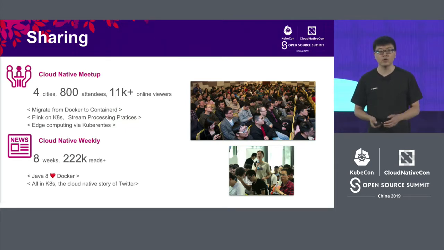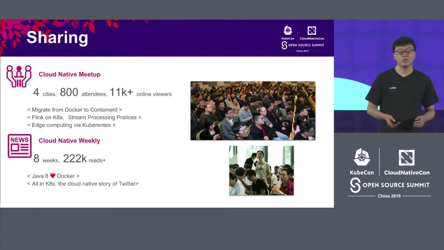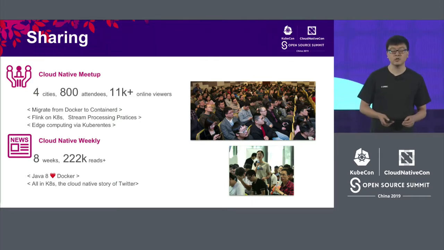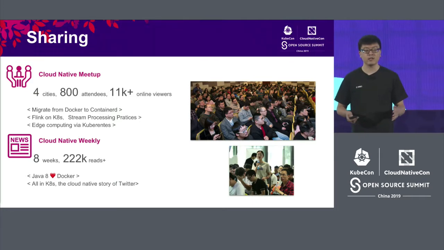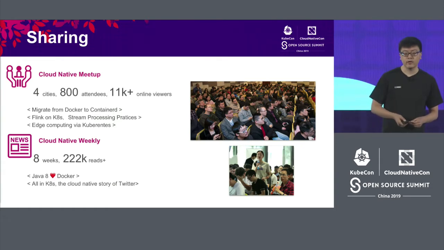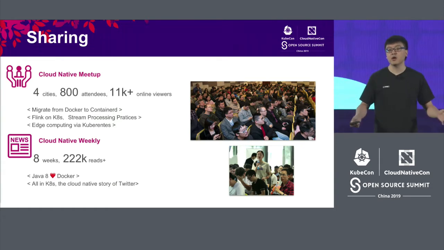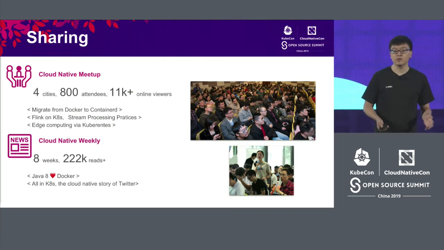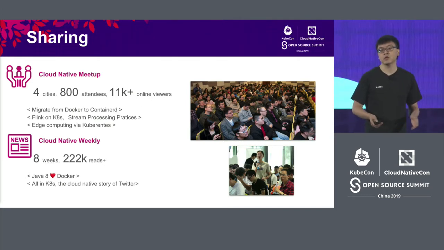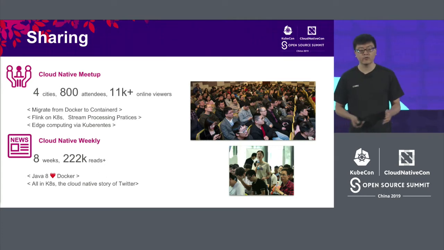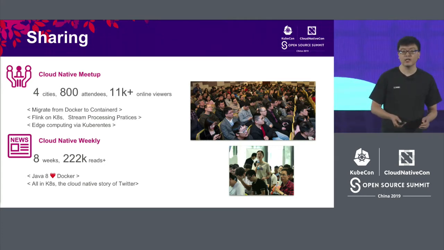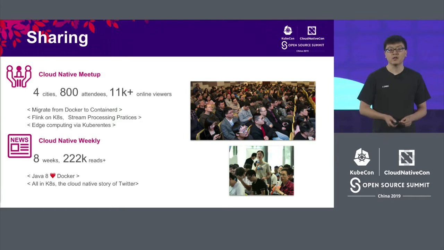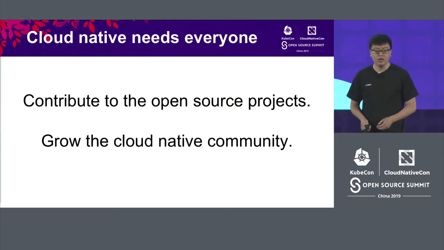For instance, every week we have a weekly report and article, and we will galvanize all the interesting news and information about the latest cloud native technologies in this Cloud Native Weekly. And I welcome all of you to find us on GitHub, and you can also contribute to Cloud Native Weekly as well.